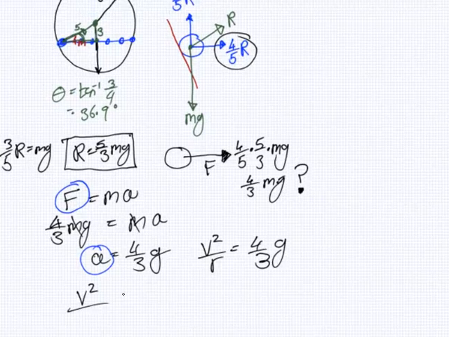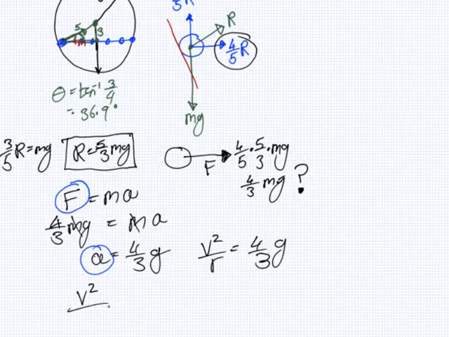Is it 4 or is it 5? 4, because it's the radius of the circle it moves in. So v squared over 4 equals 4 over 3 g. So now I can finish by getting the v. Okay?